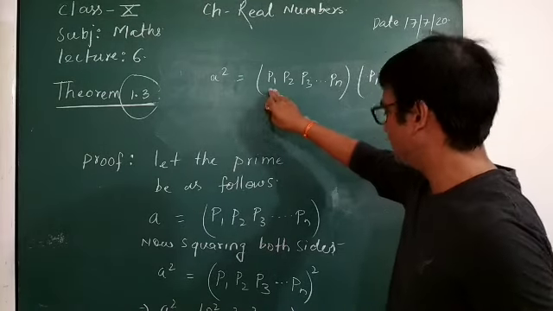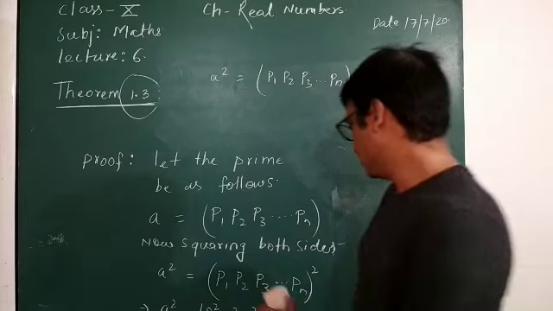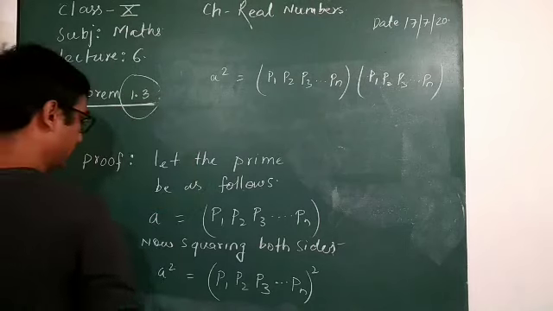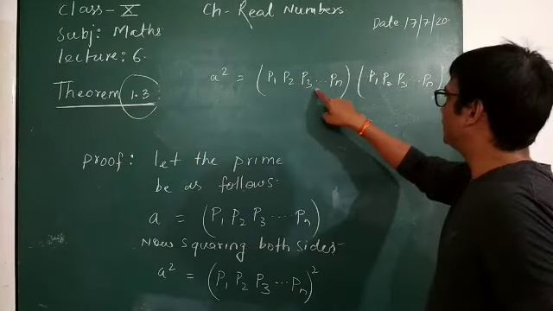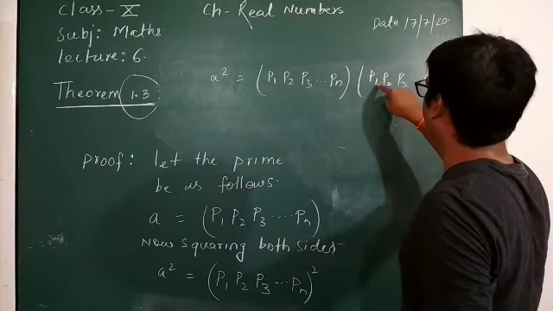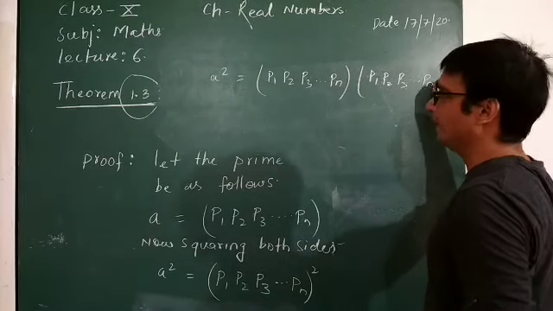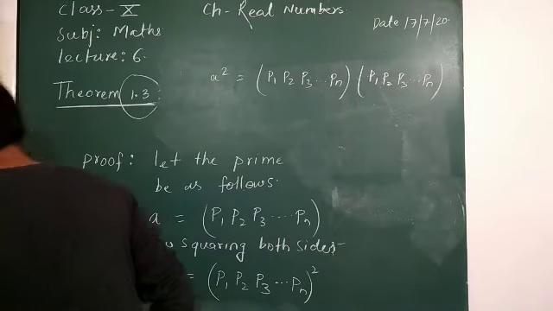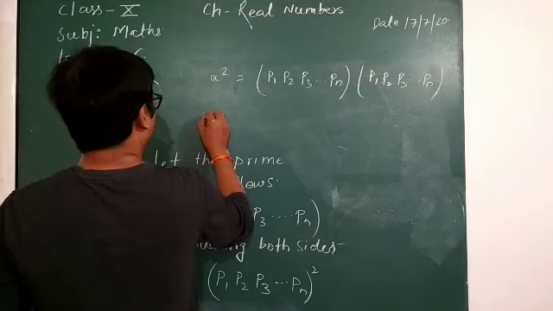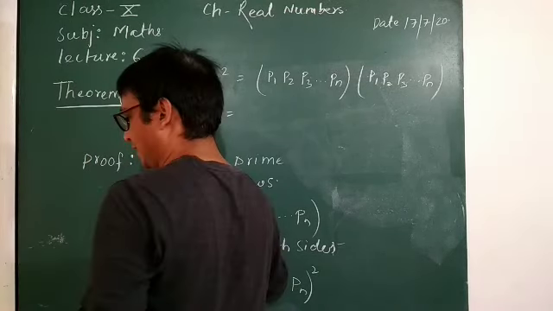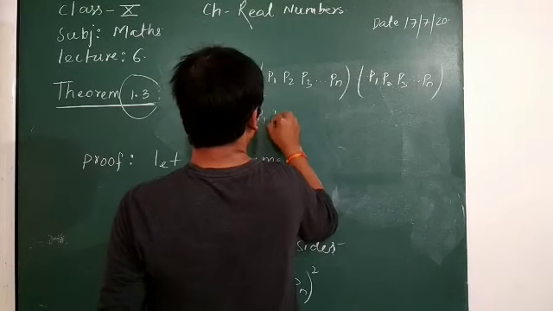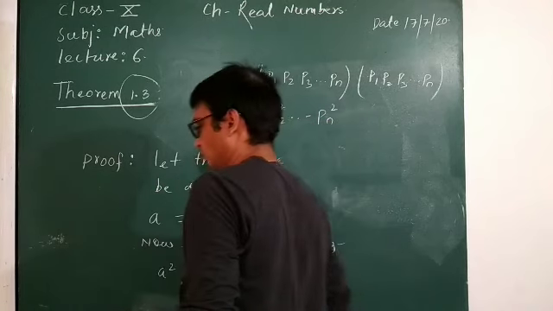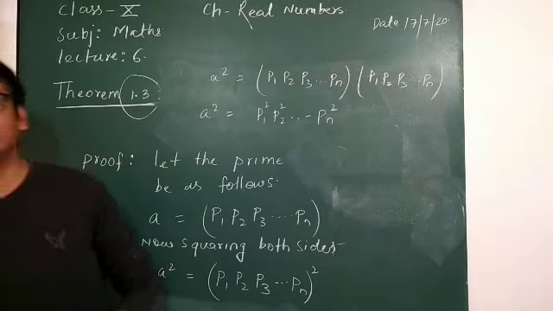So A square is equal to P1, P2, P3 to Pn, P1, P2, P3 to Pn. Two times we have written. So A square we can write as (P1, P2, Pn) square.